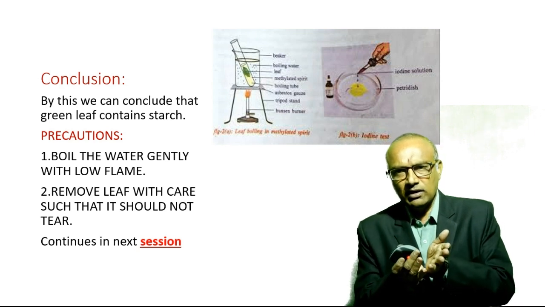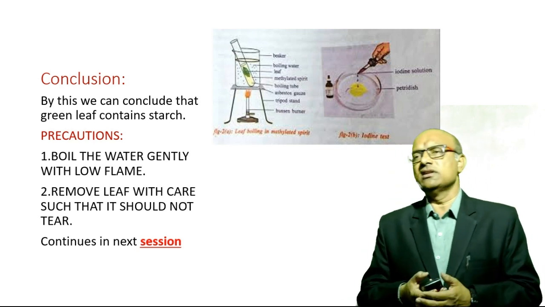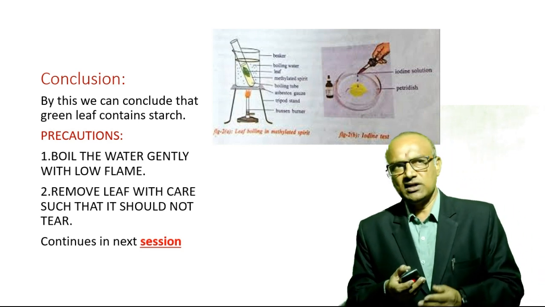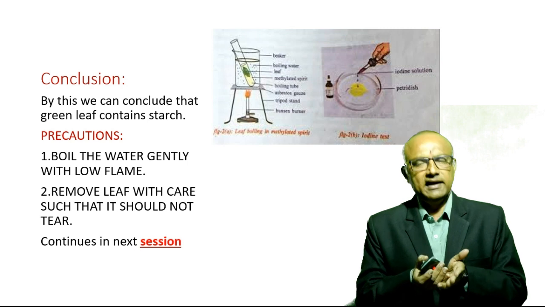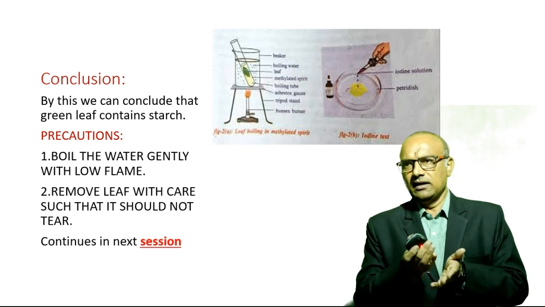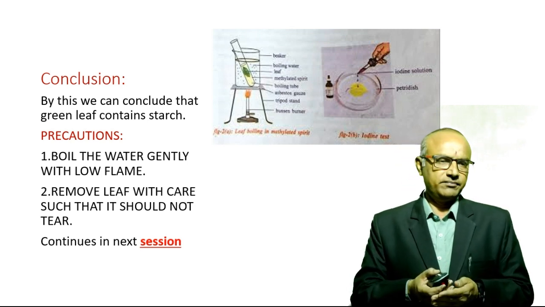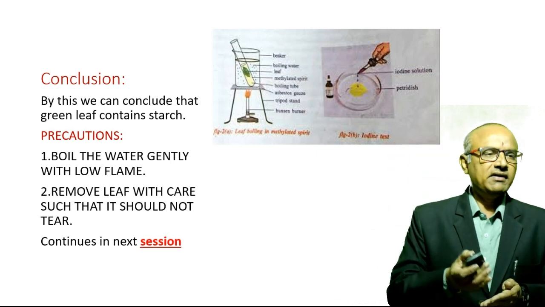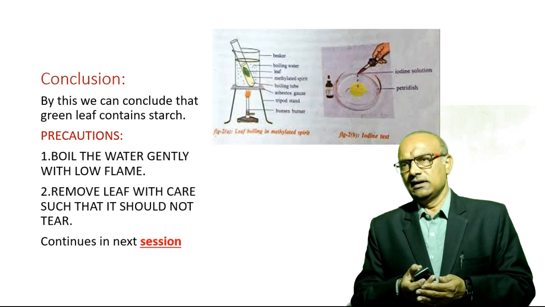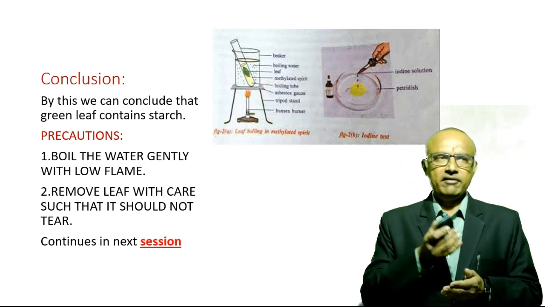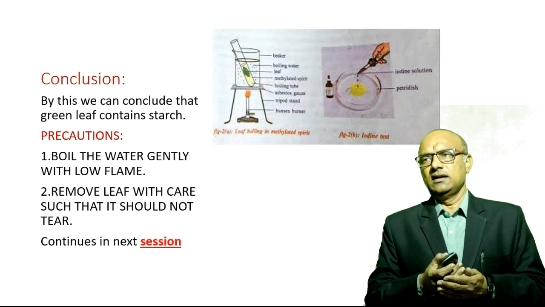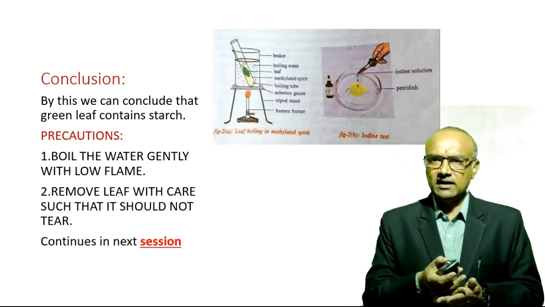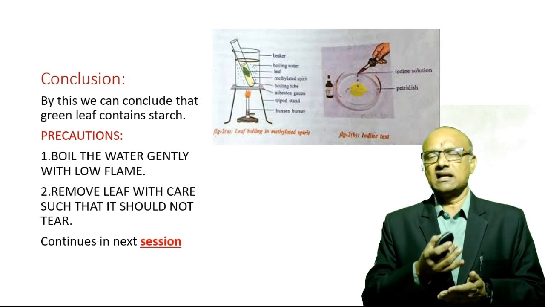On the pale yellow leaf, add 1 or 2 drops of iodine solution. The color changes to blue black. When the leaf color changes to blue black, we can understand that the leaf performed photosynthesis and prepared starch. This was proved practically, and this is the observation part of this experiment.